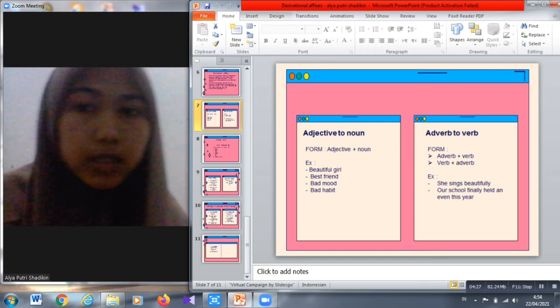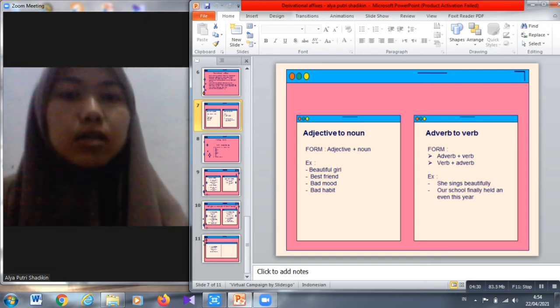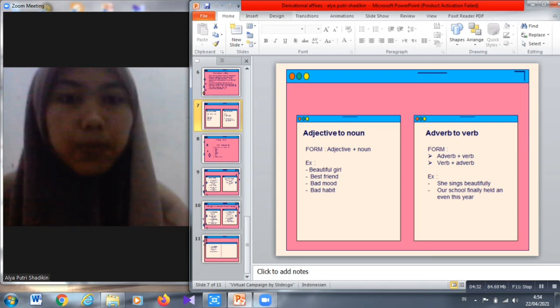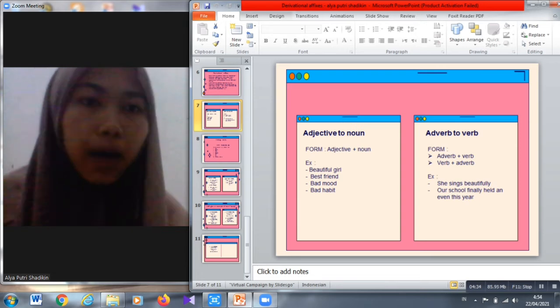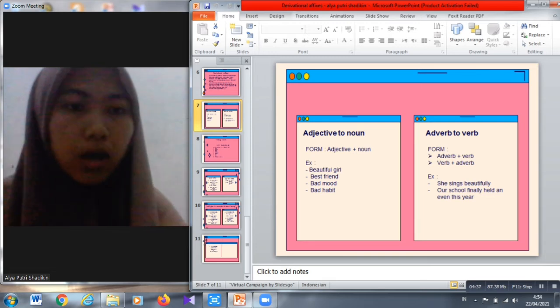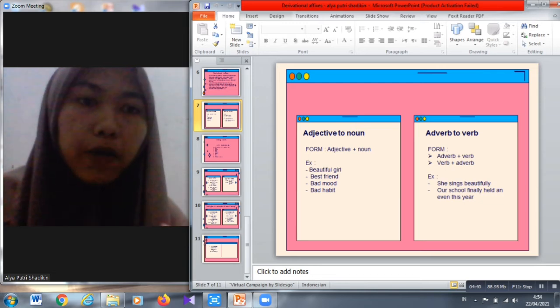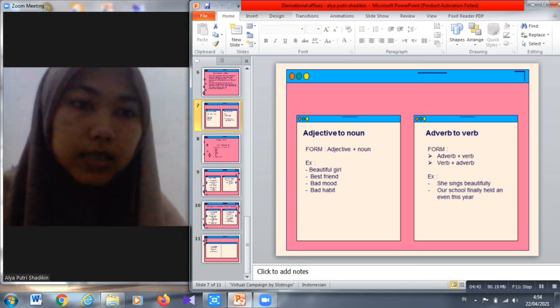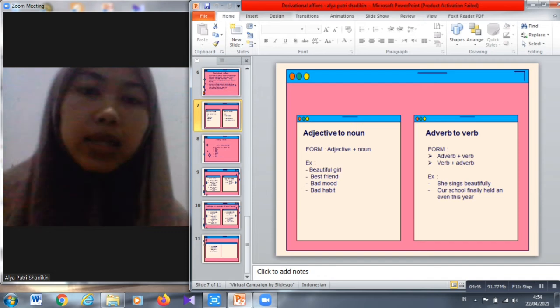Adjective to noun. The form is adjective plus noun, like beautiful girl, best friend, bad mood, bad habit. This is adverb to verb. There are two forms, adverb plus verb and verb plus adverb. She sings beautifully. Our school finally held an event this year.